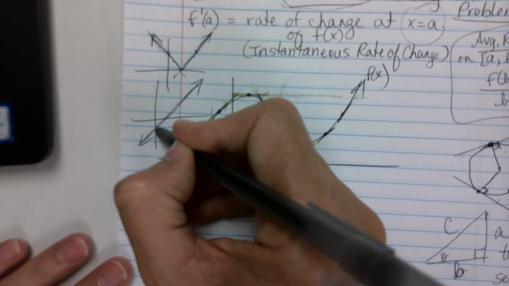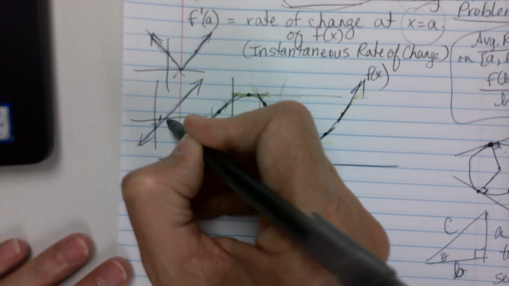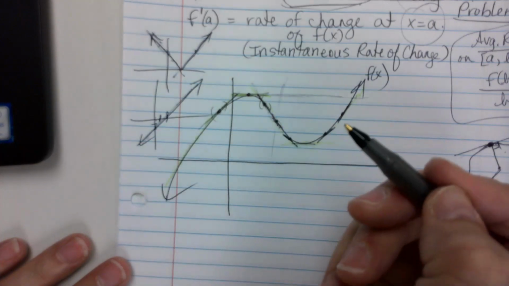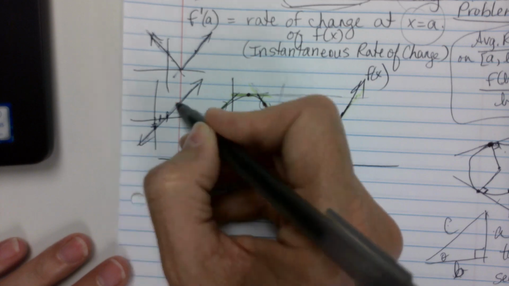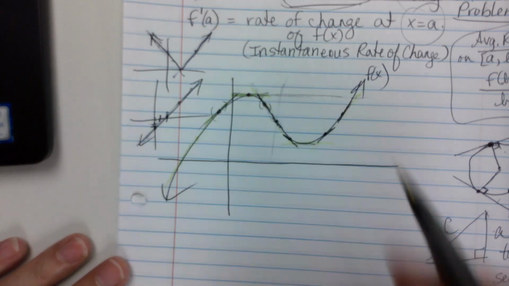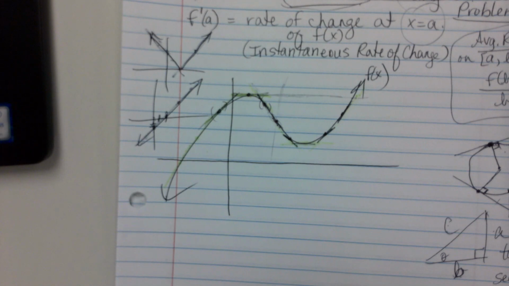if I have a line, what does the slope look like? One half? Rise 1, run 2. The slope at any point on that line is what? One half. Exactly.